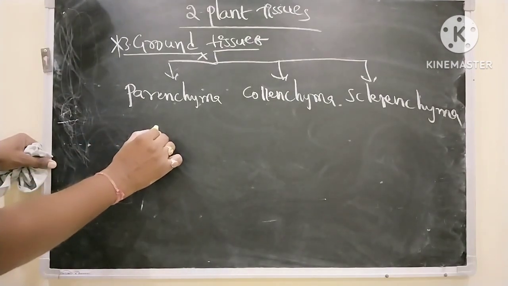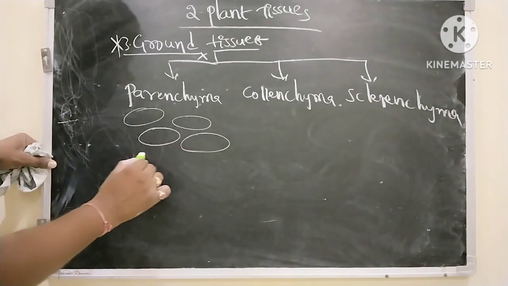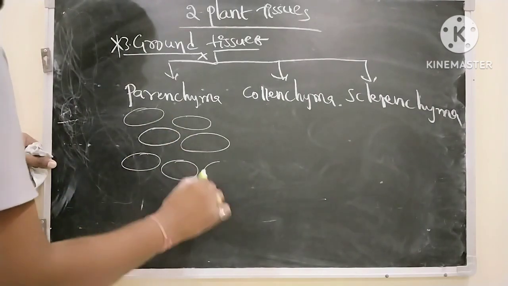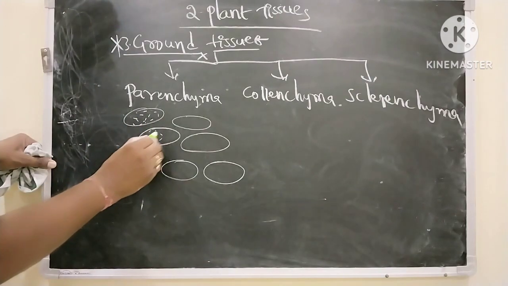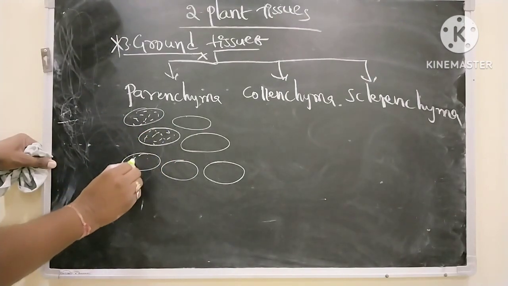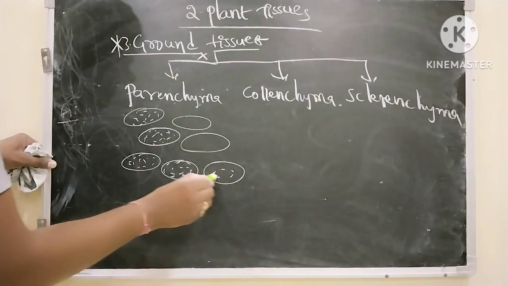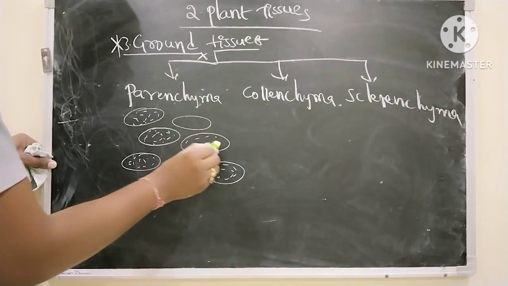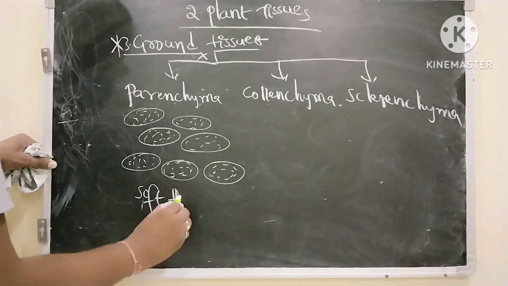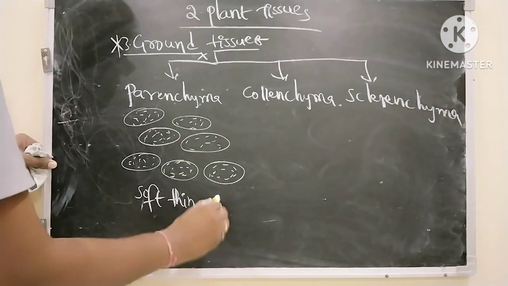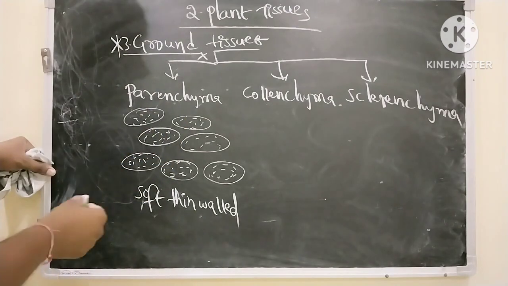Generally, parenchyma cells are small in size, soft, and thin walled. And different types of cells are present in parenchyma depending upon its function.